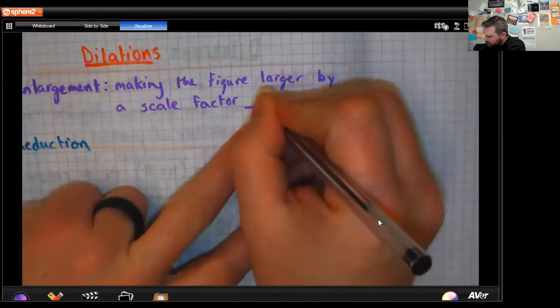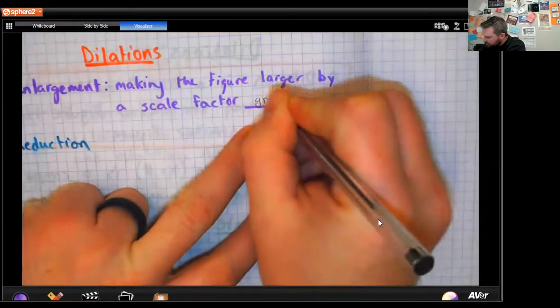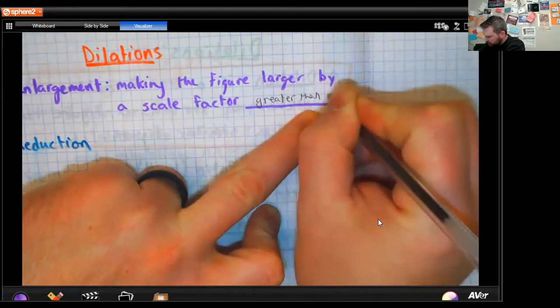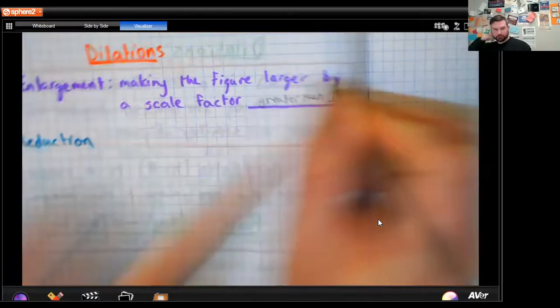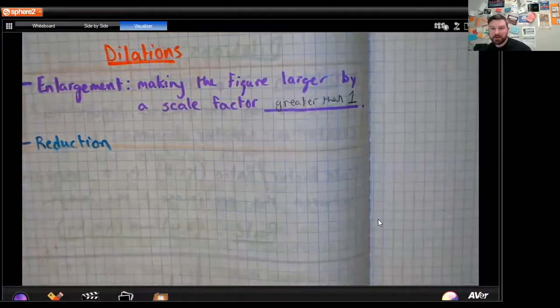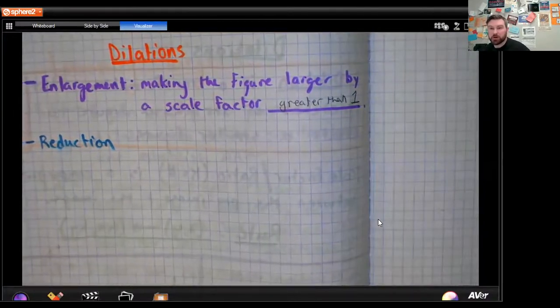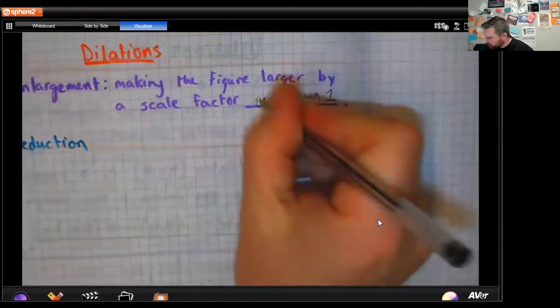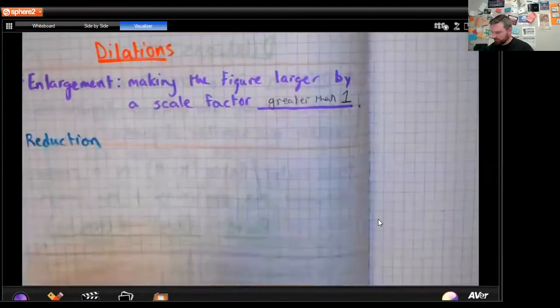This scale factor has to be greater than 1. Okay, 1.5, 1.1, 10, 12 over 2, or 12 over 7, any number or fraction bigger than 1.